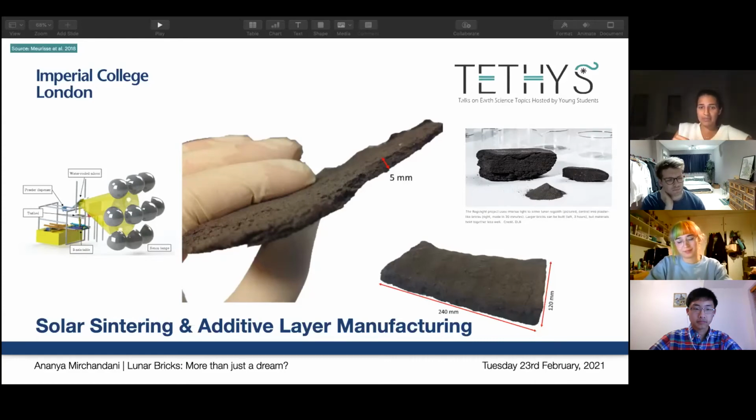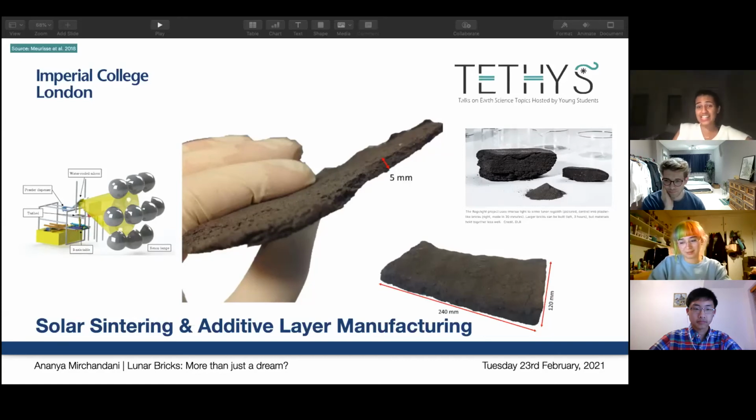Using this simulant, Maurice et al. proposed a technique that allows sintering of a brick, that you see this hand holding, in just 30 minutes. And I know 30 minutes seems like a long time, but everything is at such an early stage of conception that 30 minutes is still a great feat.